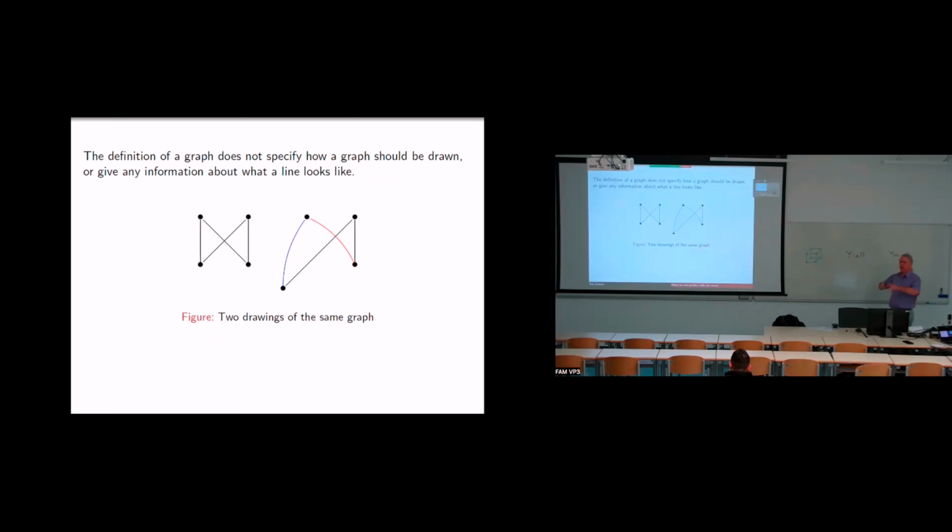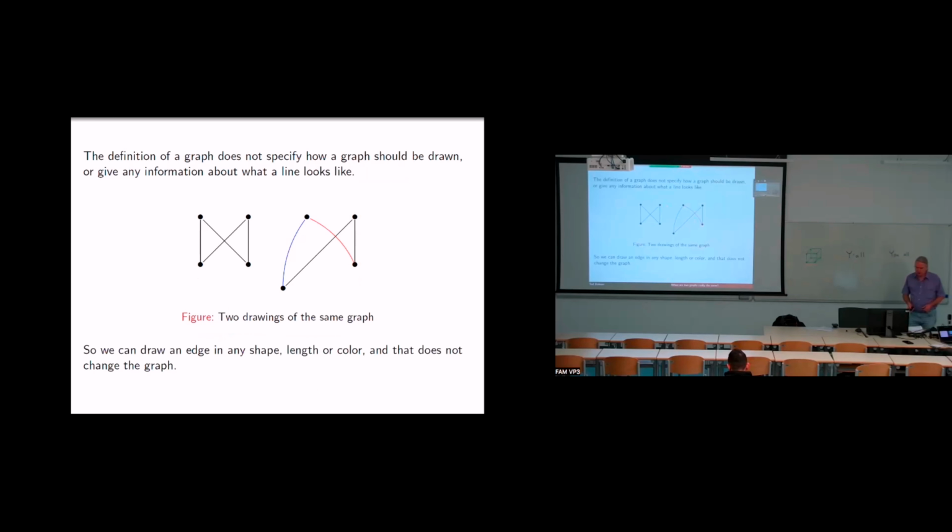I could even make the lines curvy, and I even went ahead and colored some of them, which we will see later. If you color them, it makes it very easy to see certain properties, as we'll see.